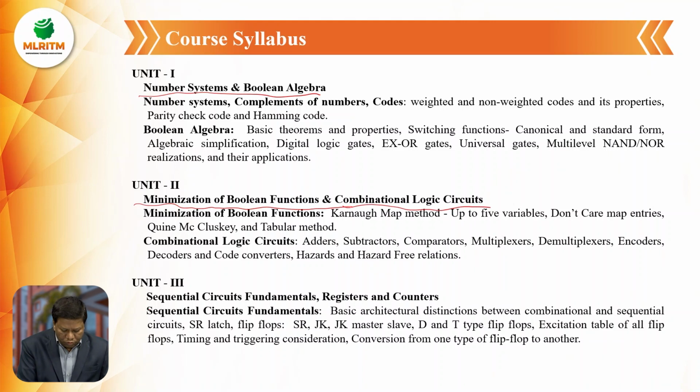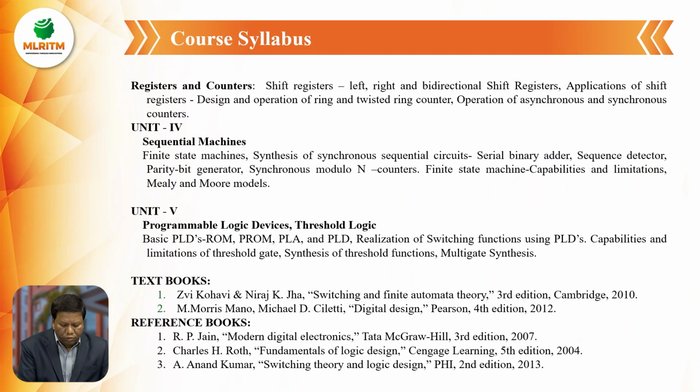Third unit, sequential circuit fundamentals, registers and counters. Fourth unit, sequential machines. Fifth unit, programmable logic devices and threshold logic. The references we have for digital electronics are R.P. Jain, Charles H. Roth, and A. Anand Kumar.